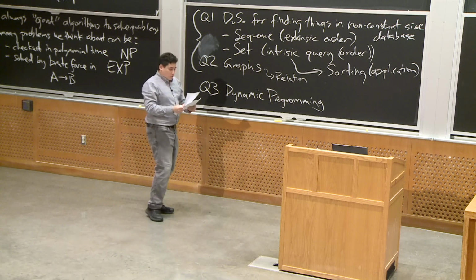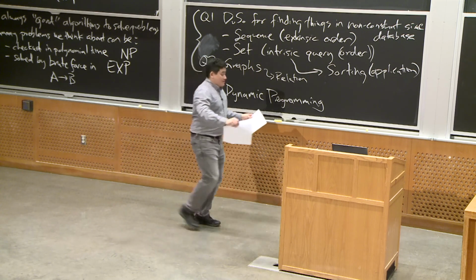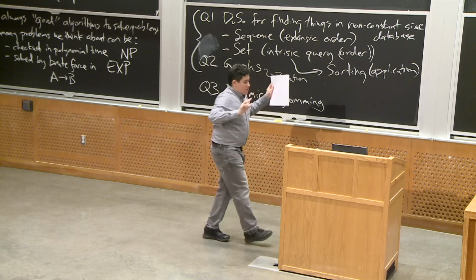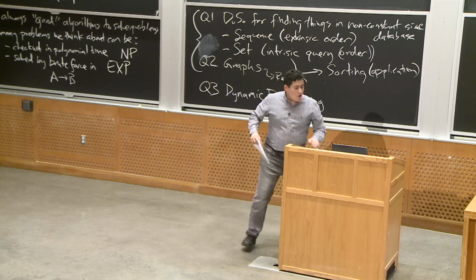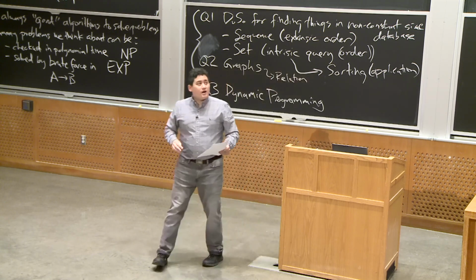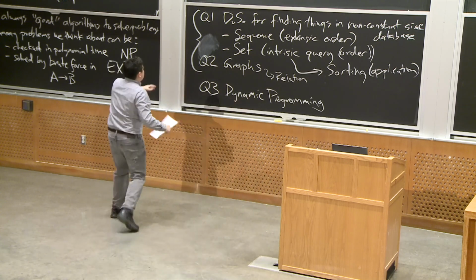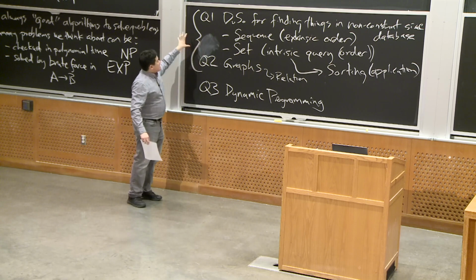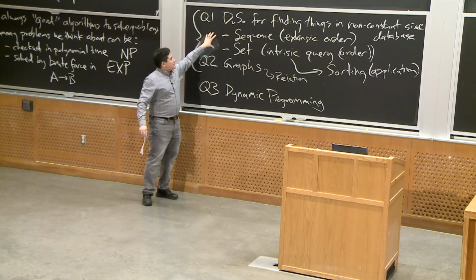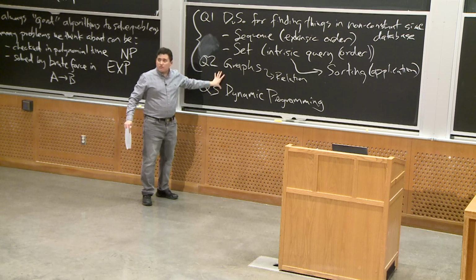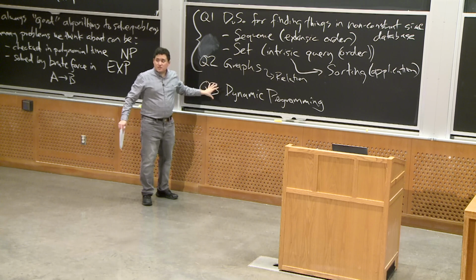Okay? So that's 6.006, a very quick overview of the content of this class. And we really like the structure of how this class is laid out because it gives you a fundamental idea of the things people use to store information on a computer, and a sense of how you solve problems computationally, and how to argue that they're correct and efficient, right?